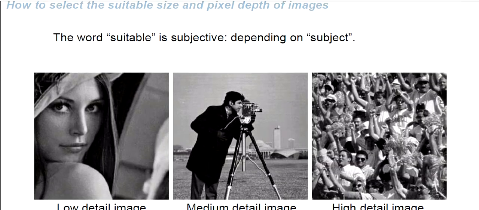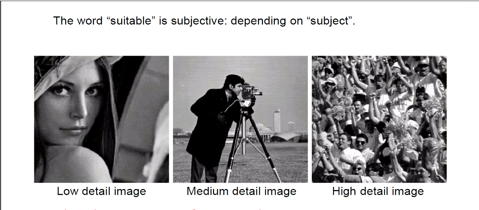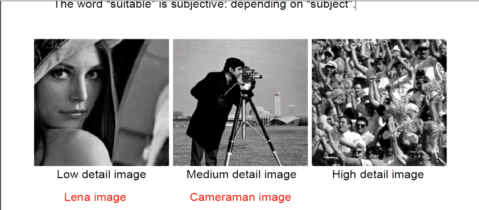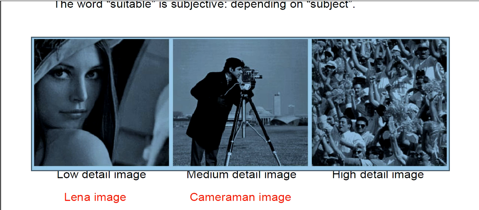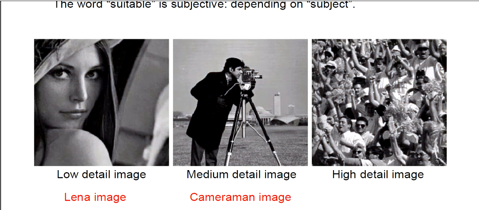So the word suitable is subjective, meaning which level humans will find easier to understand depends on the subject, the particular image or object we are looking at. You can say this Lena image is the low detail image, and this is the medium detail image, where some information is there in the background and this person with the camera.